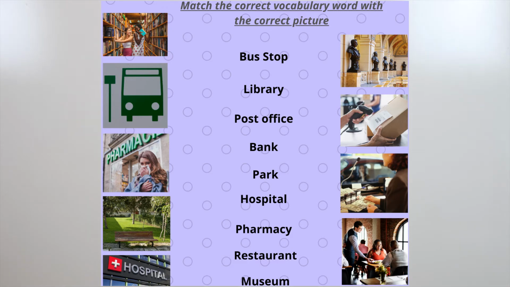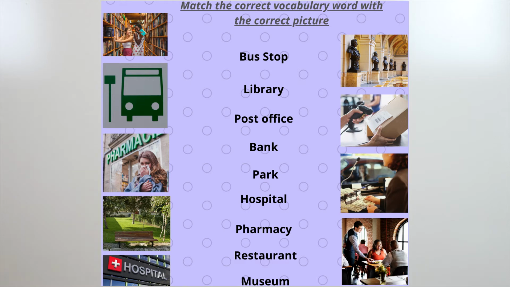You need to match the correct vocabulary word with the correct picture. You should pause the video and write the words next to the pictures. Then you can play the video again to get the correct answers. Pause your video now.